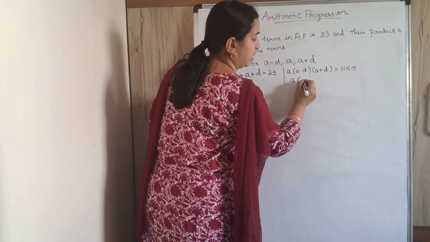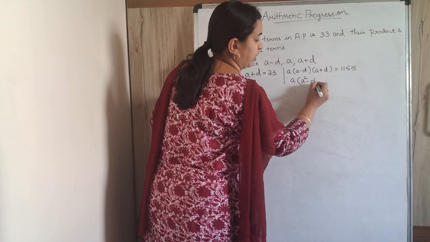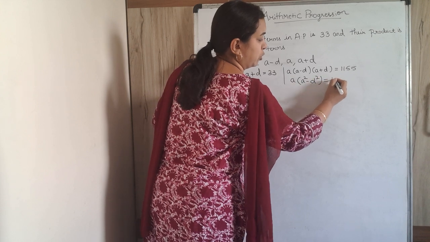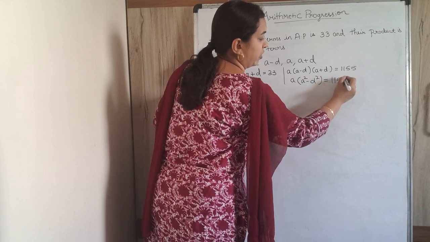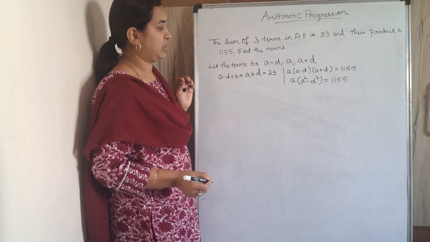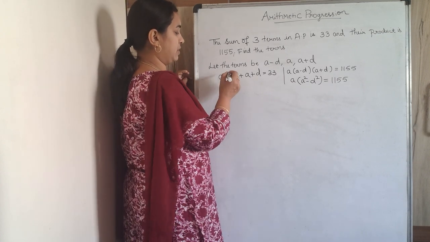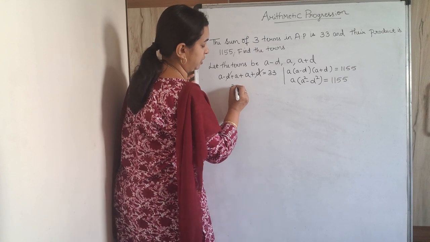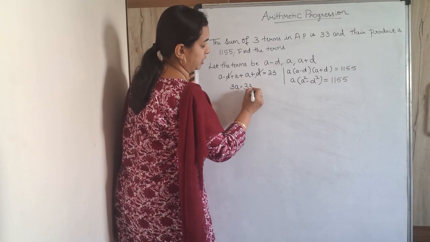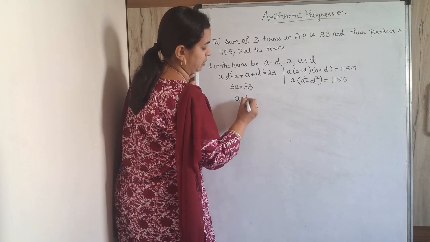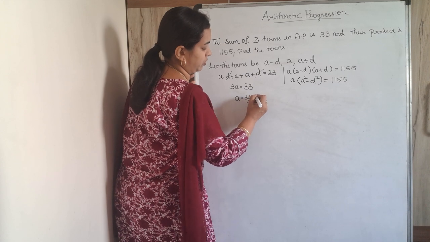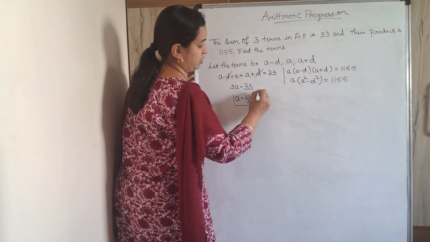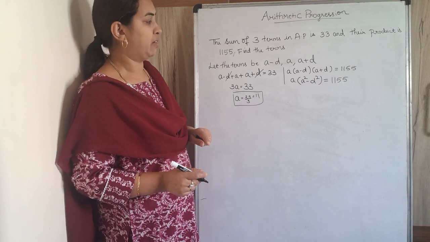Here it will be A square minus D square, which will be equal to 1155. Okay. See, from the sum, D gets cancelled, so it will be 3A is equal to 33 and so the value of A will be 11.